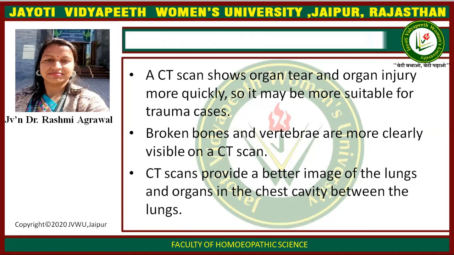Broken bones and vertebrae are more clearly visible on a CT scan. CT scans provide a better image of the lung and organs in the chest cavity between the lungs. These are the main differences in how CT scan and MRI work in different conditions.